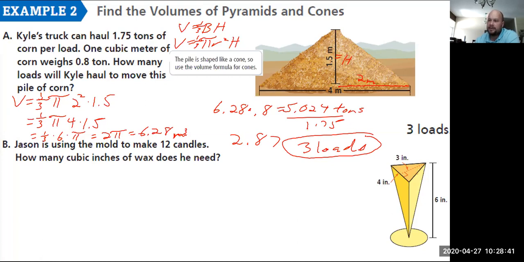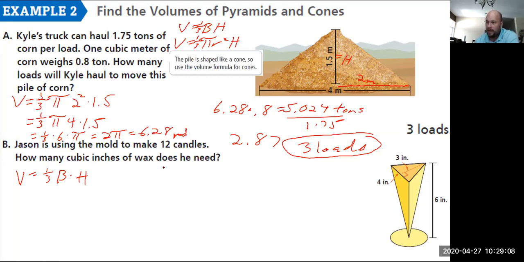It says Jason is using the mold to make 12 candles. How many cubic inches of wax does he need? So on this one, again, same general equation. Volume equals 1/3 base area times height. Now, base area in this case is going to be our base, which is a triangle.